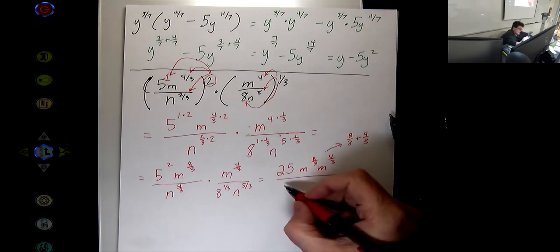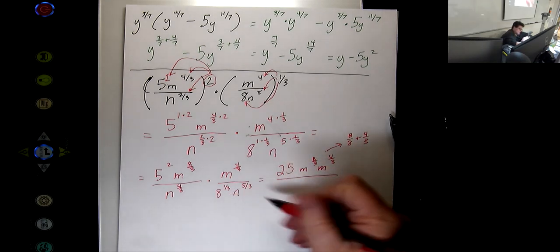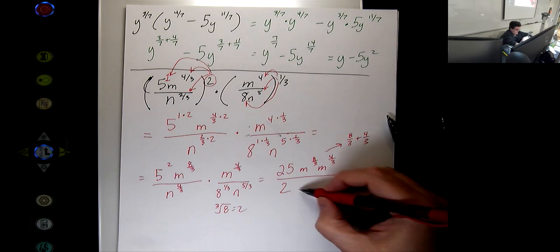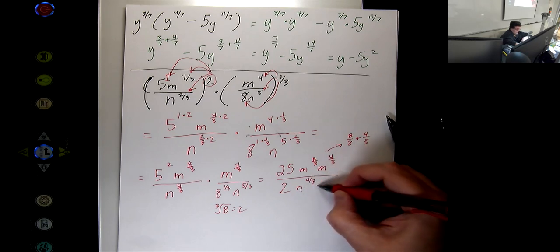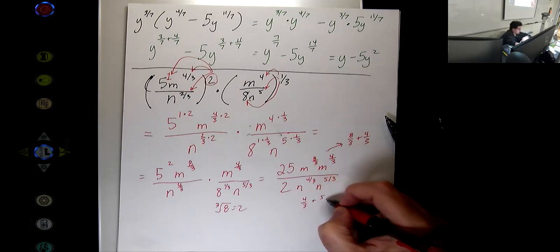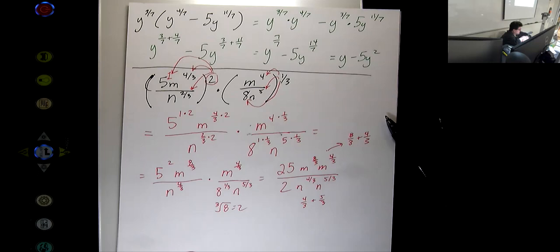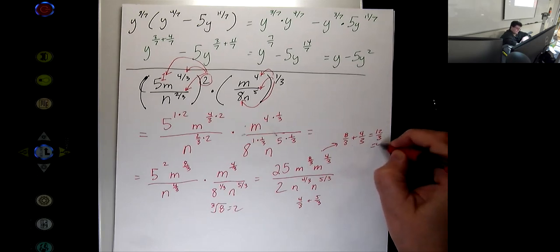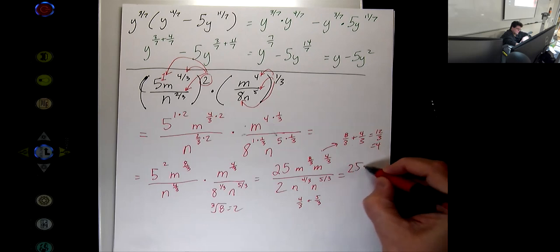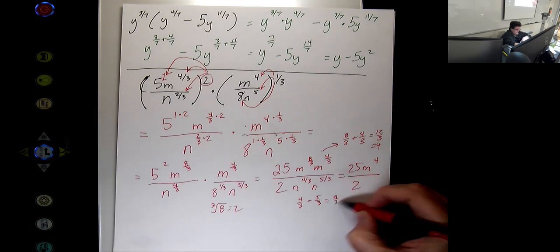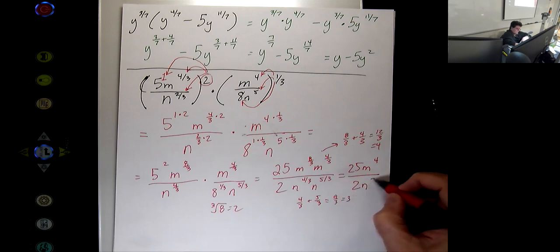On the bottom, I have the 8 to the 1/3 is the cube root of 8, which is 2. And I have n to the 4/3, n to the 5/3, which means I can add those exponents too. This is going to give me 12/3 on top, which is 4. This is going to give me 9/3, which is 3. So n cubed on bottom.